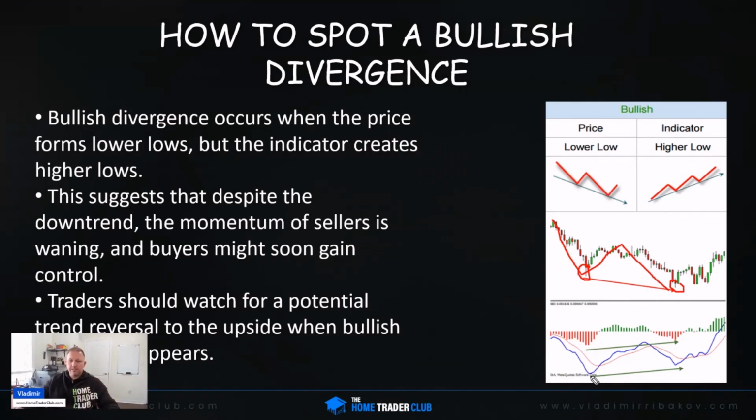In some cases, the histogram could also be enough, but the MACD moving averages in combination with the MACD histogram and RSI, which we will see in a few minutes, would give you the best calls, or the best odds, I should say. So while the market is making lower lows, the indicator makes higher lows, as you can see. Lower low, okay, higher lows. So that's about the bullish divergence.